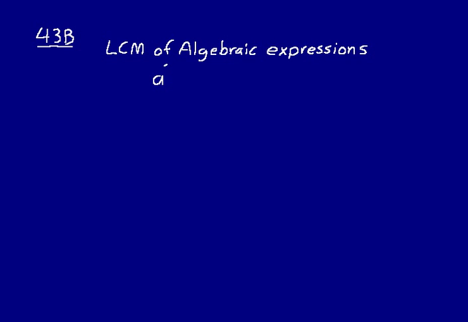Let's say you had these two expressions, a squared b and a b cubed, and you wanted to find the least common multiple for those two. Well, you do a similar process like you did with whole numbers. You can break them into individual factors. They're not prime numbers, so we can't really call them prime factors. But we would take a squared b and say a times a times b, and then a b cubed, we'd say a times b times b times b.